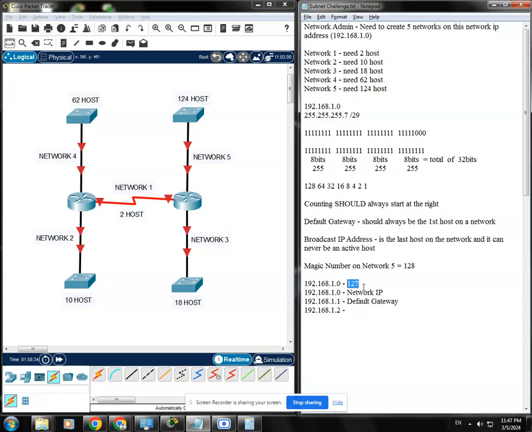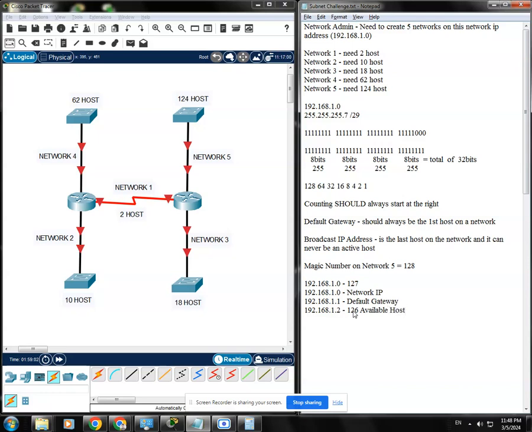As I mentioned in my previous tutorial, the broadcast IP address is the last address on the network and can never be an active host. So the available hosts are from 2 up to 126.